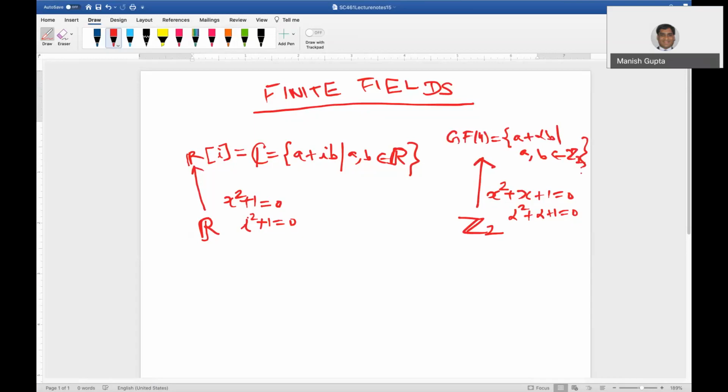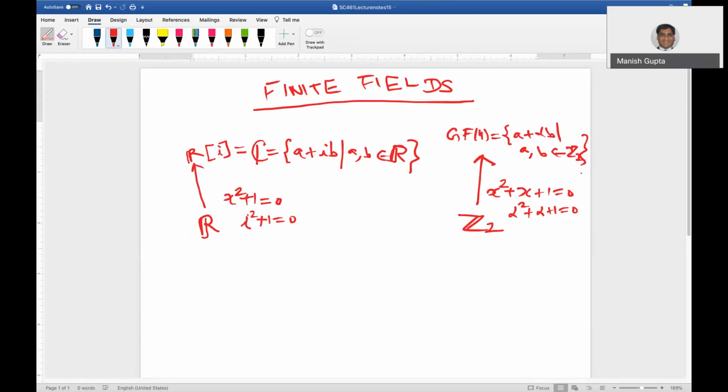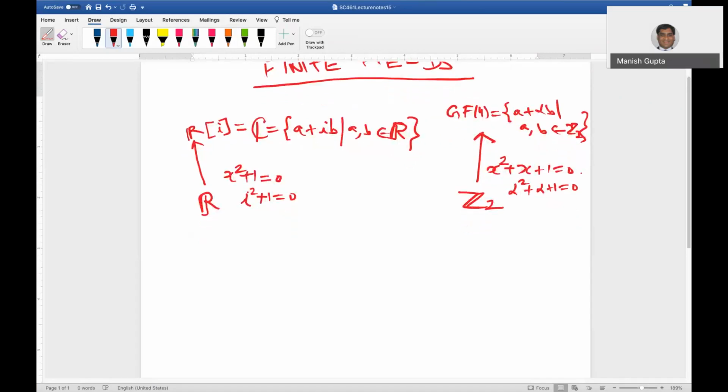So this is a recall from the very basic lecture on finite fields. Given a ground field, you look at an irreducible polynomial in this ground field which has no solution in that field.